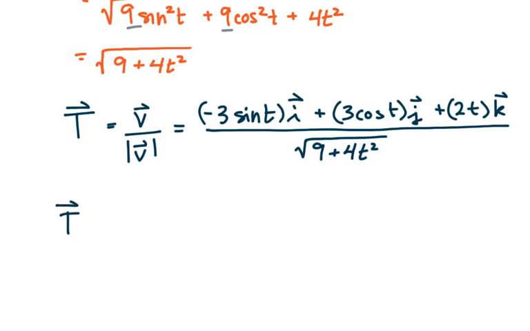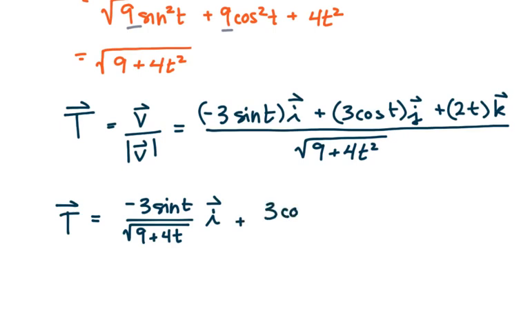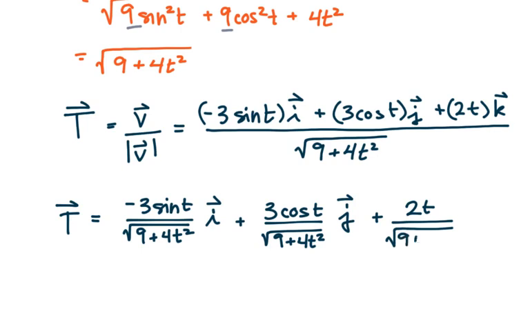So, if we wanted to clean up those components and have them each written individually, we should technically write negative 3 sine t over the square root of 9 plus 4t squared times i plus 3 cosine t over the square root of 9 plus 4t squared times j plus 2t over the square root of 9 plus 4t squared times k.